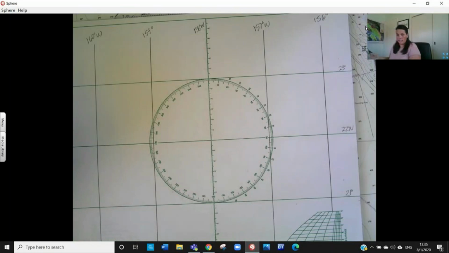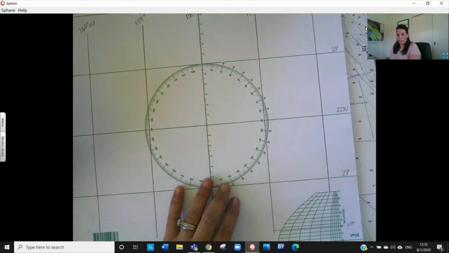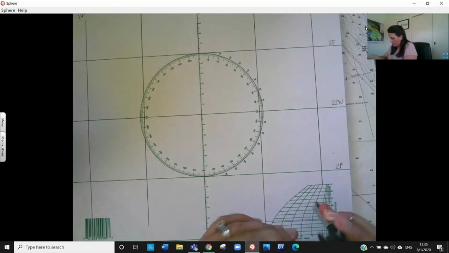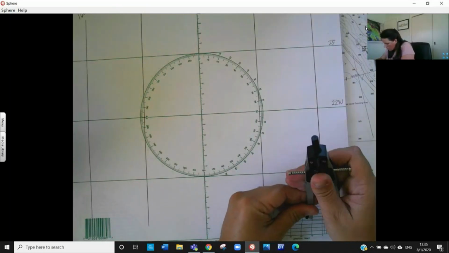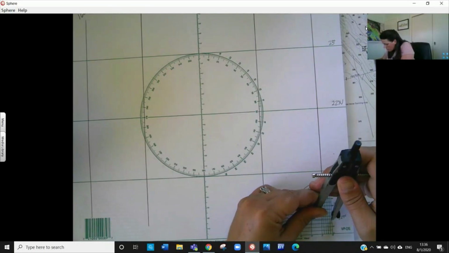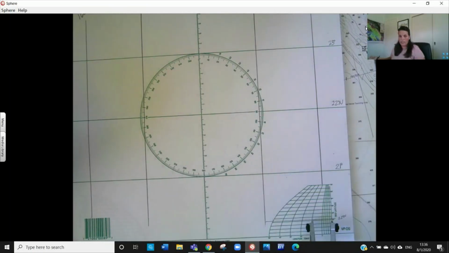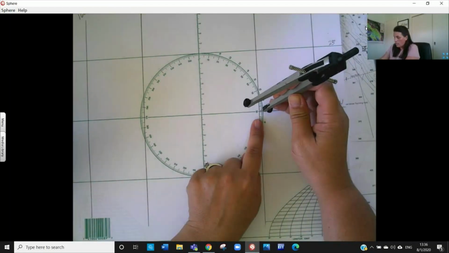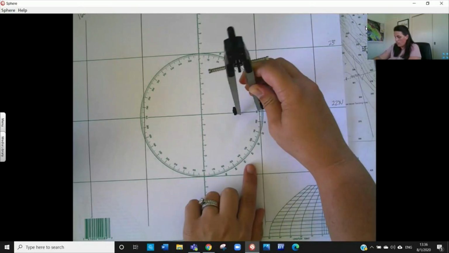I'm going to find 19.1 using my longitude scale at the bottom here. Call that about 19.1. So I'm at 157, 19.1.